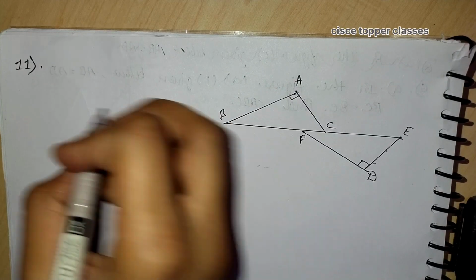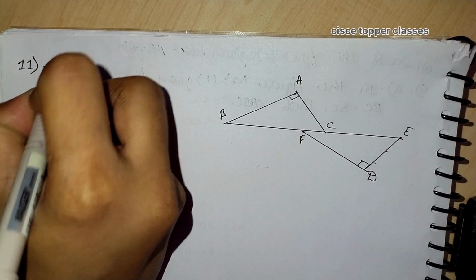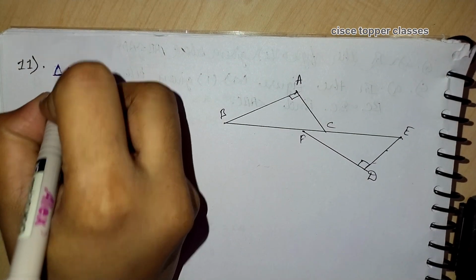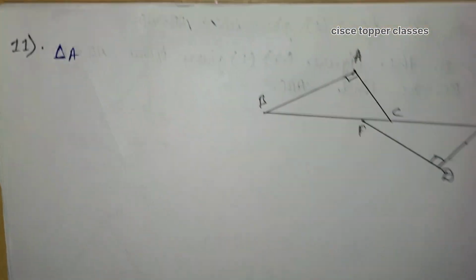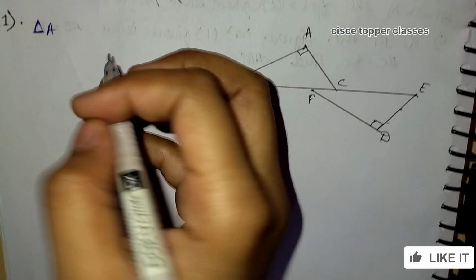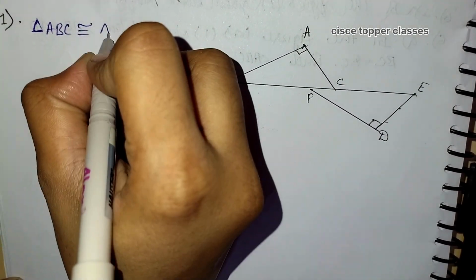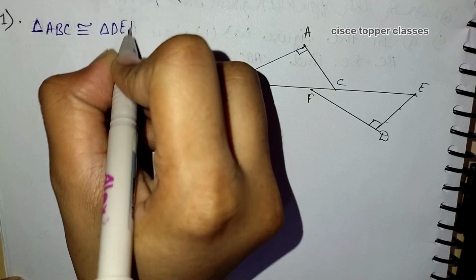So simply we have to prove that in this question: triangle ABC is congruent to triangle DEF.